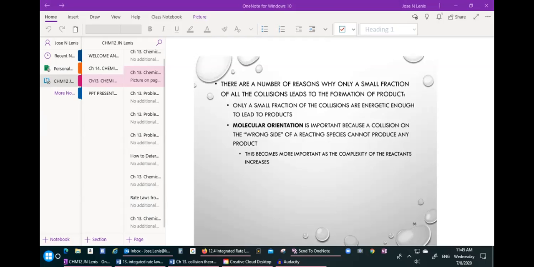So it's really important to understand this factor, because when two reacting molecules or species collide, they must have the right molecular orientation and the right amount of potential energy and kinetic energy to have a successful formation of chemical bonds to make a product.